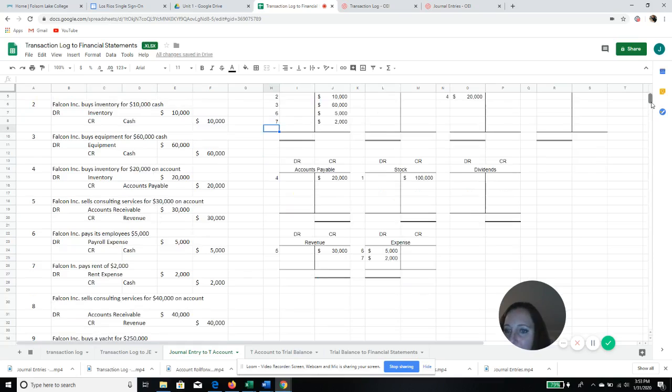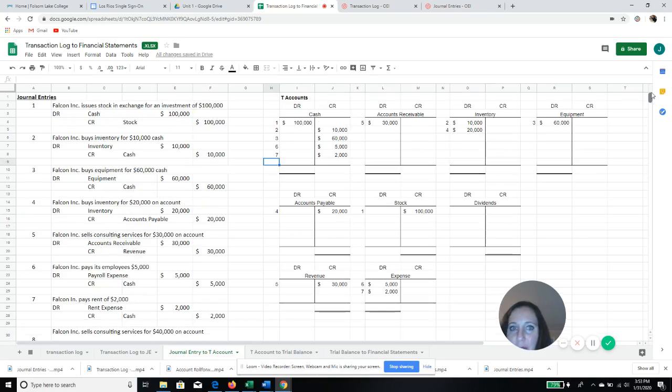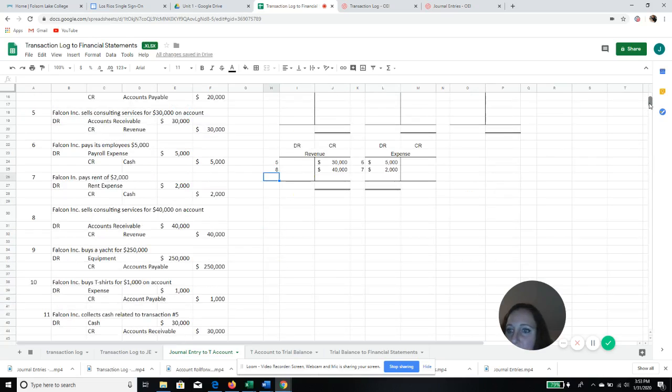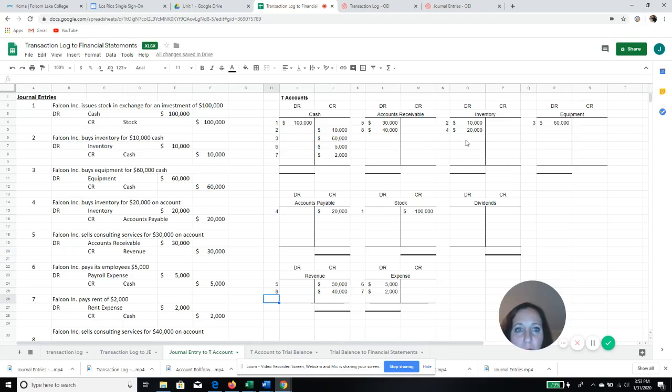Transaction number 8, we debited accounts receivable and credited revenue for 40,000. So we're going to debit accounts receivable for 40,000. And under revenue, I'm going to put 40,000 on the credit side. All right. Transaction number 9, we debited equipment for 250,000.